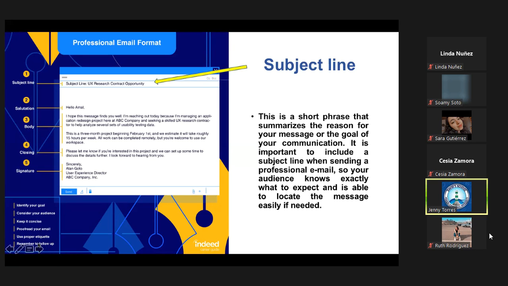Y al final dice, remember to follow up. Esto es muy importante porque hacer un follow up es darle seguimiento a un correo. Ustedes escriben, pero tienen que estar pendientes de darle seguimiento a ese cliente. No solo es escribir por escribir, sino que llegar hasta las últimas consecuencias, hasta lo último con ese cliente, de acuerdo a cómo se fue generando la comunicación con él.